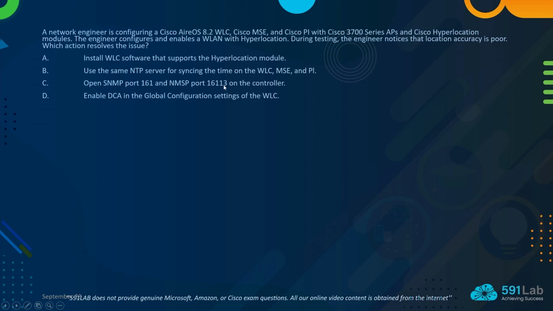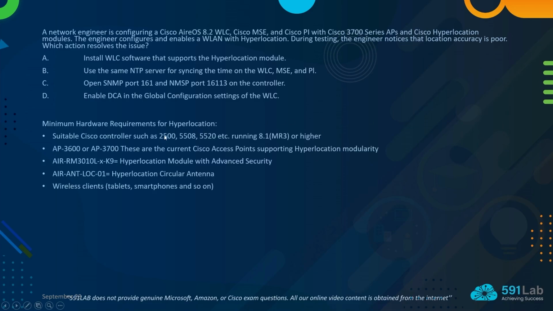So in order to answer this, we need to understand the minimum requirement for hyperlocation. If we go to the Cisco website for CMX and hyperlocation, we can see that the minimum hardware requirement for hyperlocation is a suitable Cisco controller, such as 2500, 5500, or anything else running 8.1 minimum.